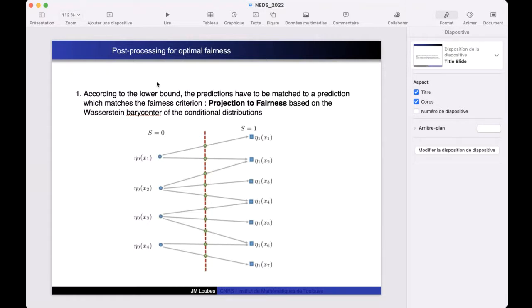Then if I have two classes, I compute the bias estimator for the women, I build the bias estimator for the men, and then I take any function which is here, and this line here, the green, is just the barycenter, the Wasserstein barycenter of this distribution.